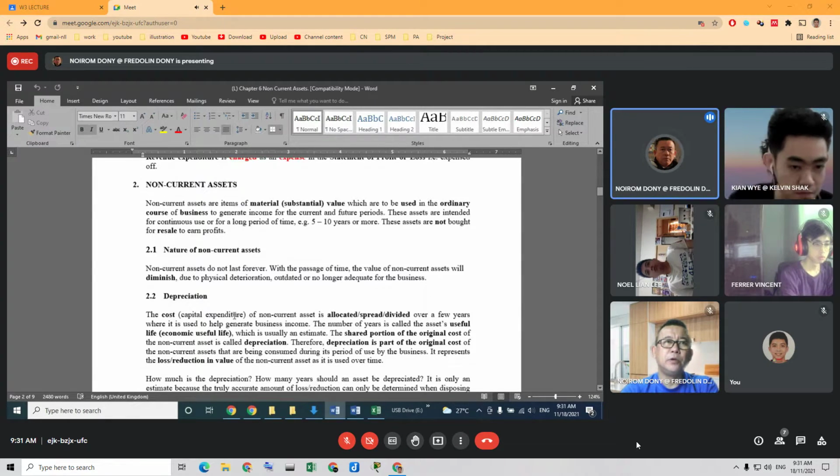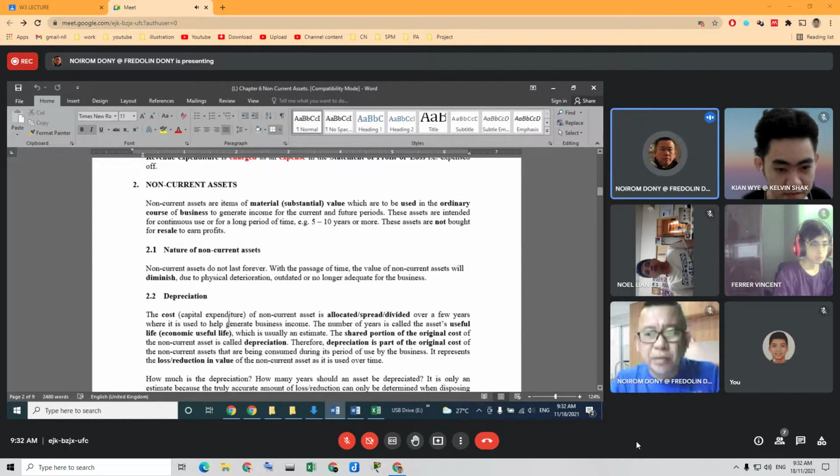So this is part of the cost of the non-current asset that we allocate as an expense in the statement of profit or loss. And the term that we use is depreciation. So remember, whenever you see depreciation, just remember this is an expense. Expenses are a debit item, so always on the debit side.